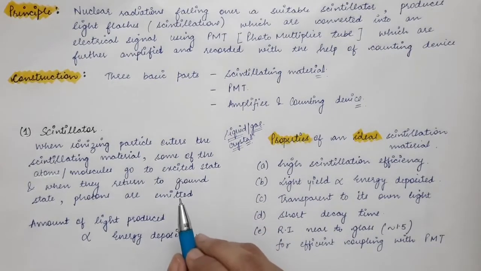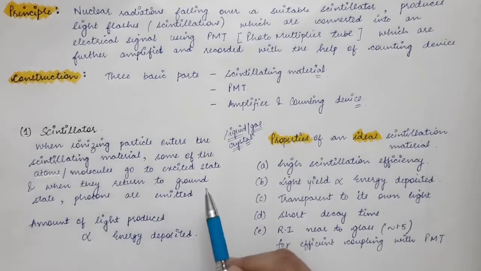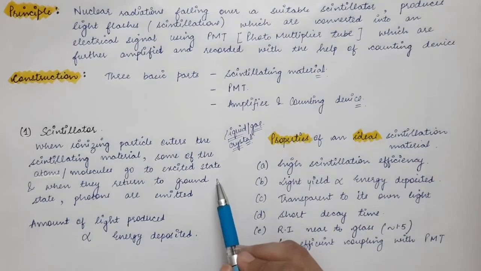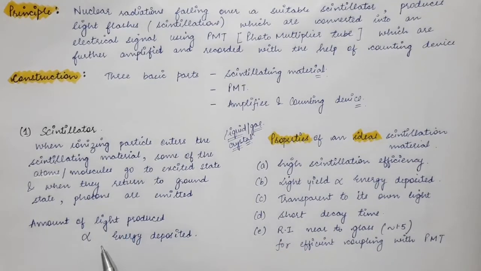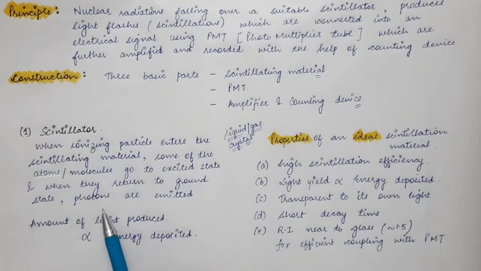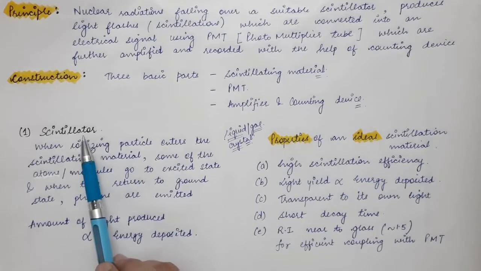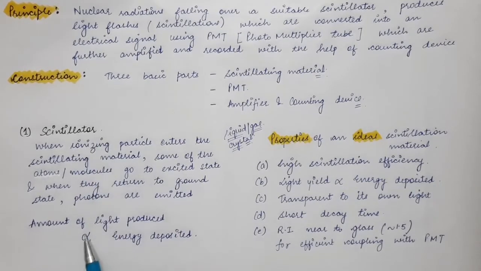But in some materials, which are called scintillators, a small portion of the energy released is in the form of light flashes, and that's why we call them scintillators. Now in the case of scintillators, the amount of light produced is directly proportional to the energy deposited.